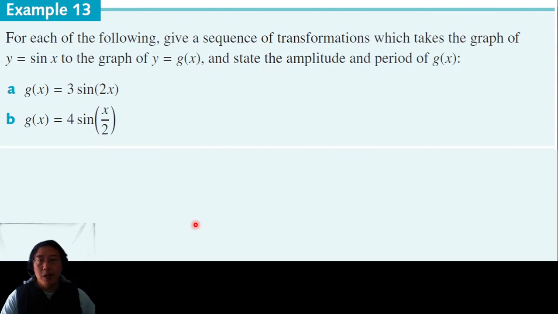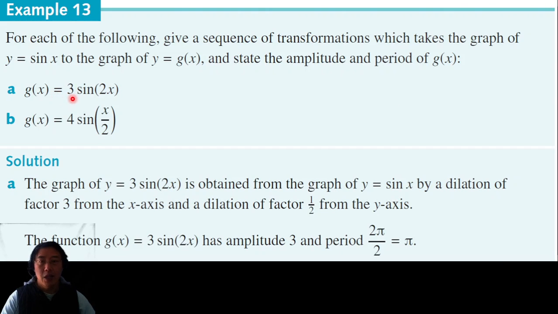Alright, another one. This time you need to state, you have a sequence of transformations, again from y equals sine of x. So you need to list them and state the amplitude and the period. With the first one, what we can see is you have a 3 and 2.